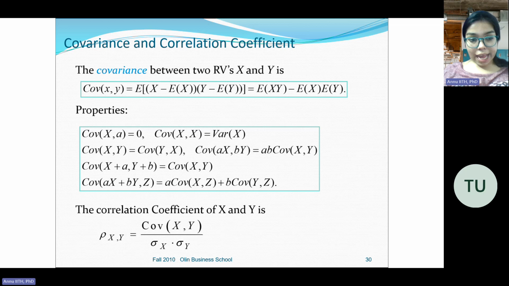Okay, so there are some properties, and the correlation coefficient is also there. That is nothing but the covariance of xy divided by sigma of x multiplied by sigma of y.